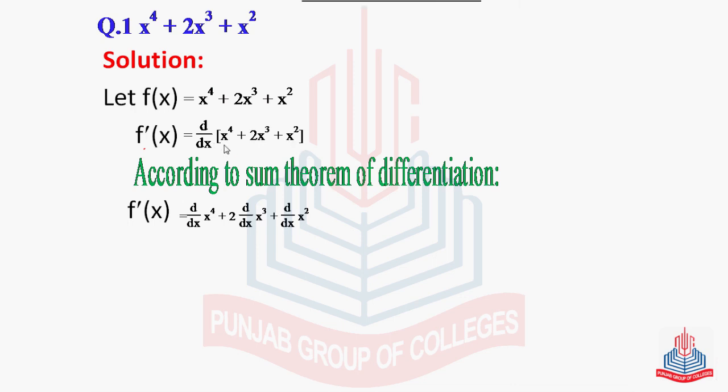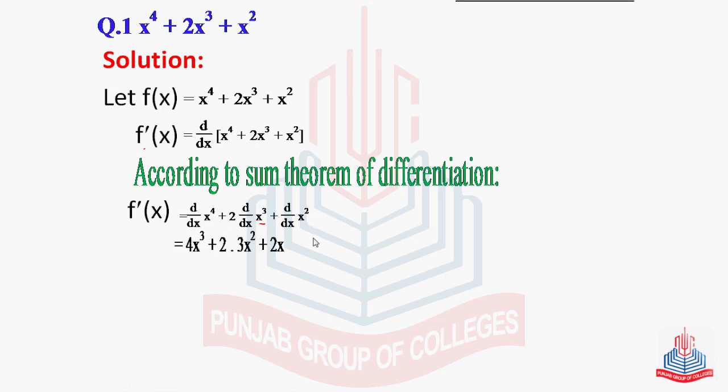So the derivative will apply on x⁴, and the derivative will apply on 2x³. But as we know, when the derivative applies on c·f(x), the constant 2 comes outside the derivative, and the derivative applies only on x³, plus d/dx of x².